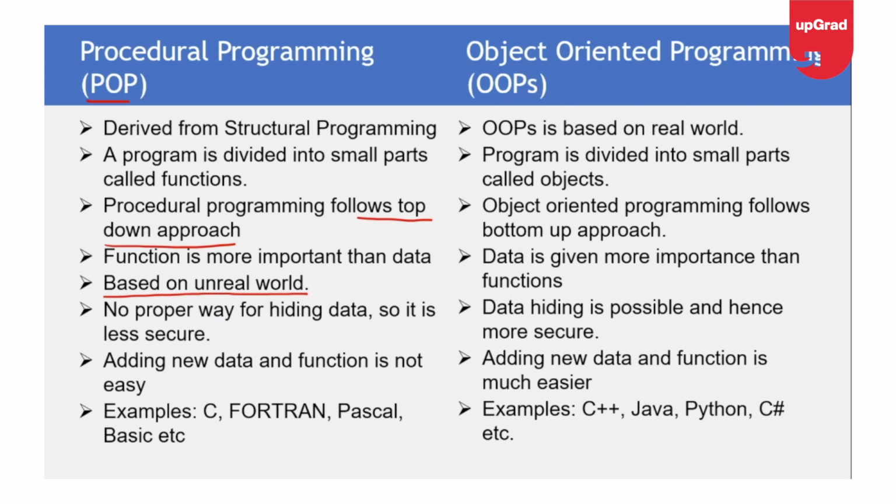Data hiding is not possible in procedural programming. Then if we want to add something in this sequence, it is a very tedious job. It is not easy to add data or to modify what we already have. Some examples of languages which follow procedural programming are C, Fortran, Pascal, Basic, etc.